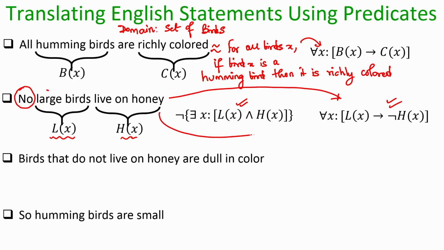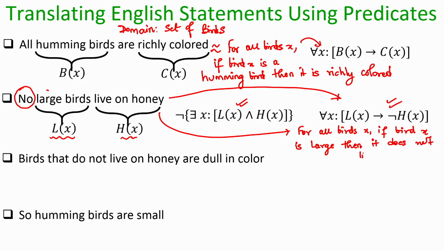If you interpret it closely, the logical form of this statement is the following. I want to represent that for all birds x, if bird x is large, then it does not live on honey.